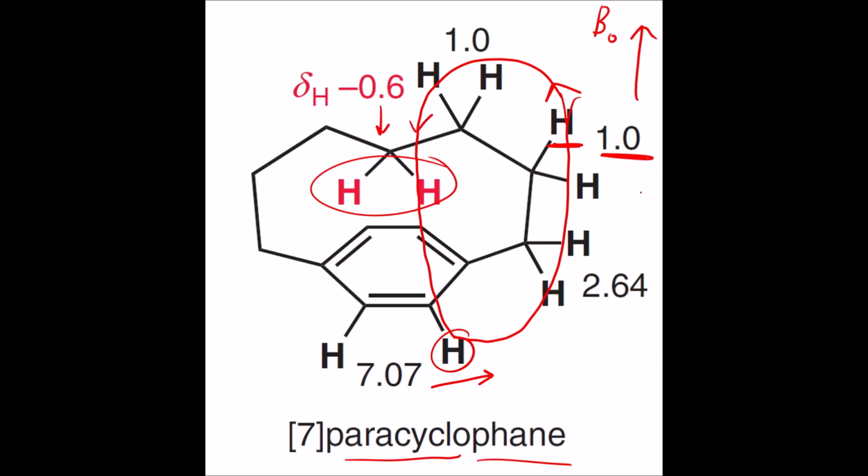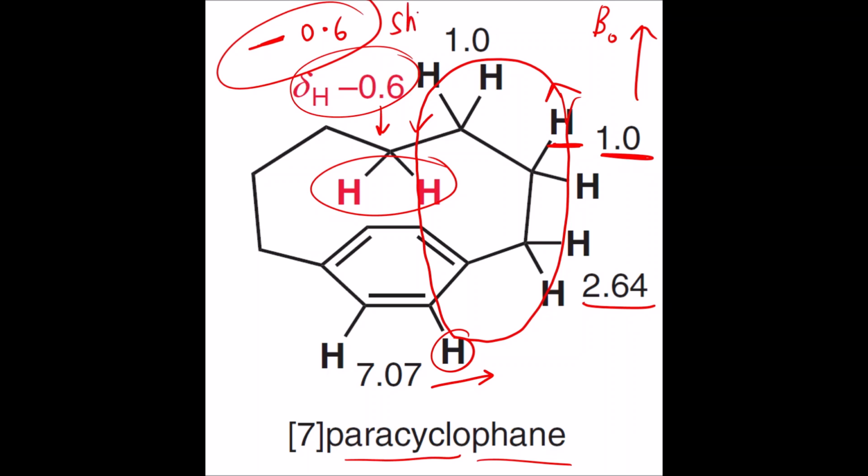So here also the black ones have a higher chemical shift value, whereas for the red ones you can see it is negative, minus 0.6. So this is shielding, and the black ones undergo de-shielding.